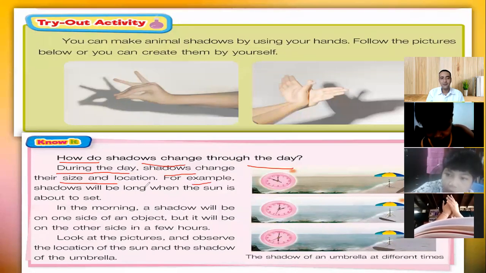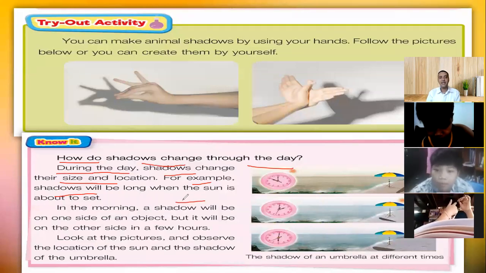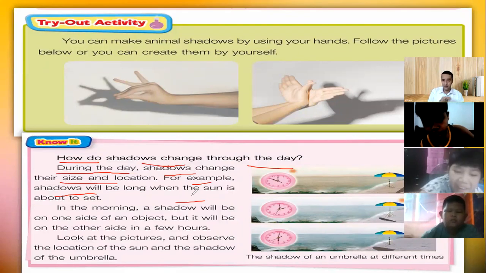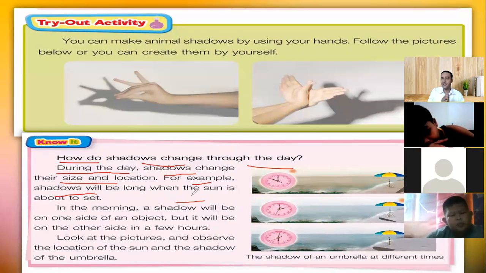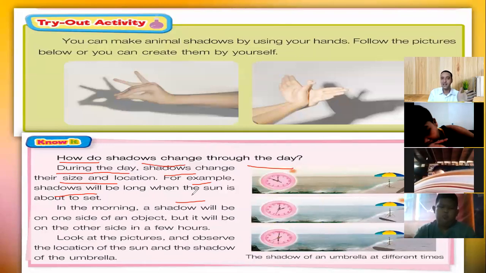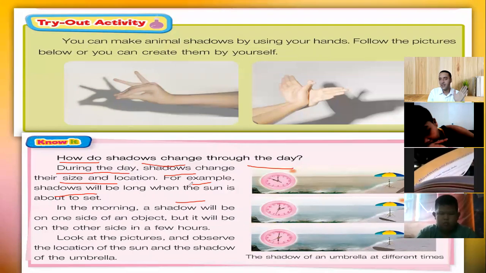For example, the shadow will be long when the sun is about to set. When it is sunset time, the sunlight hits any object, and behind that object, the shadow will be bigger. So at sunset time, you will find the shadow bigger.